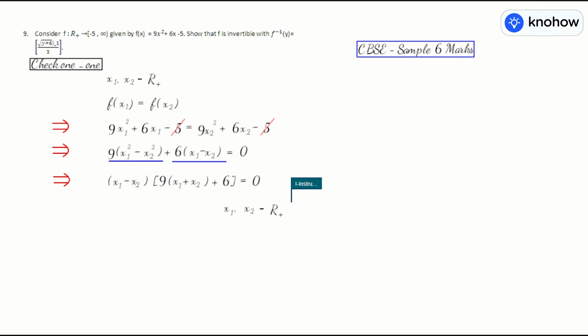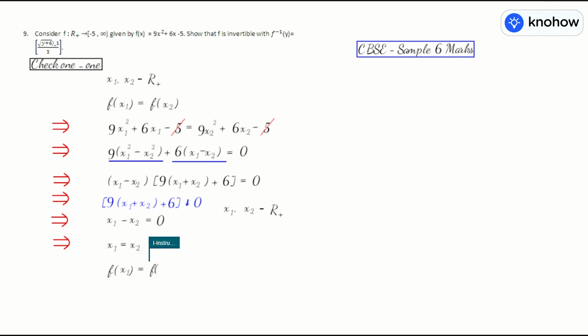So if you cancel this factor from here, you are simply left with x1 minus x2 equal to 0, or in other words, x1 equal to x2. So f(x1) equal to f(x2) implies that x1 equal to x2. So clearly the given function f is 1-1.